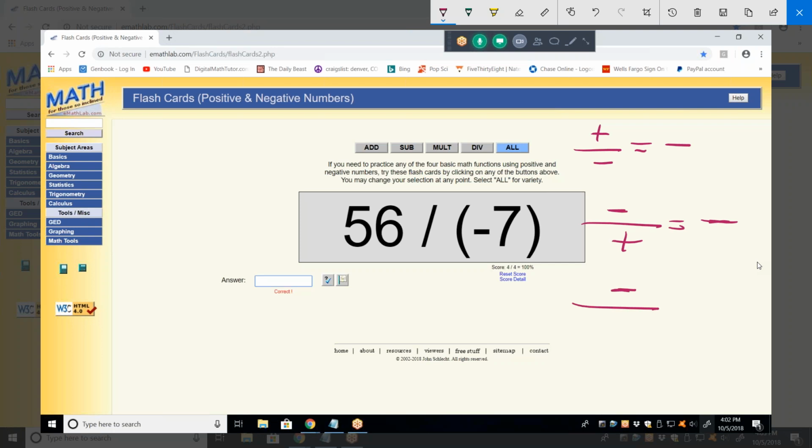Minus divided by minus equals plus, and plus divided by plus equals plus. Those 4 rules you have to know. Okay. What do we have here? Which are those 4 cases? Plus divided by a minus. Correct, right there. That's a -8.